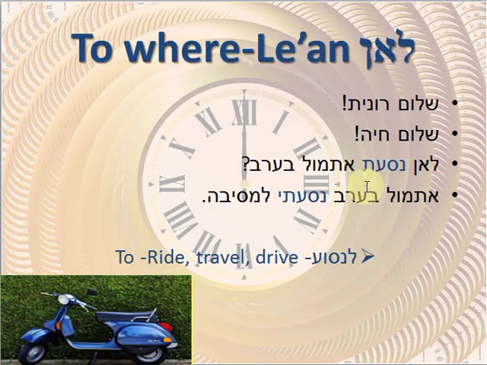So by saying le'an nasata, I know that you had some kind of transportation, a way you used in order to get to your destination, if it makes sense. Nasat, at nasat.